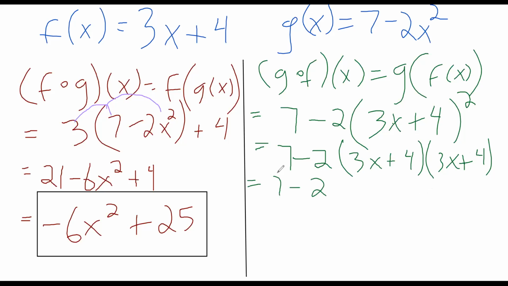We'll still end up having to distribute the 2. 3x times 3x is 9x squared. 3x times 4 is plus 12x. 4 times 3x is plus 12x. 4 times 4 is 16. Now you have plus 12x here in the middle. Let's combine like terms. It's going to be plus 24x.